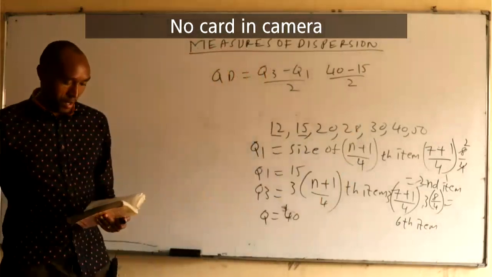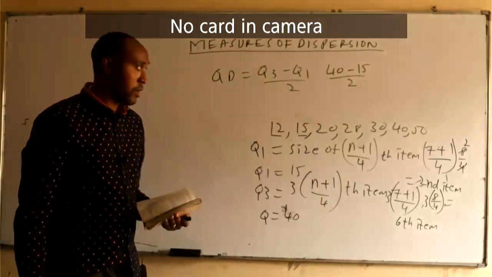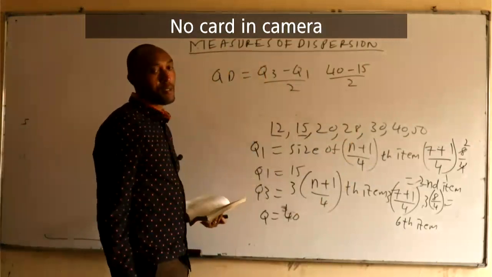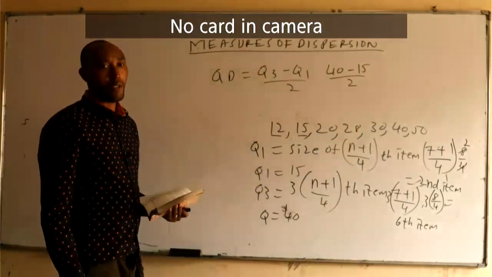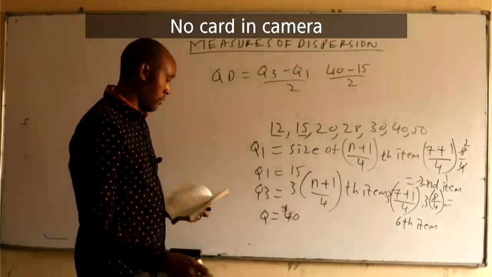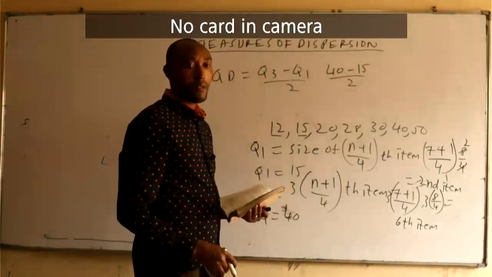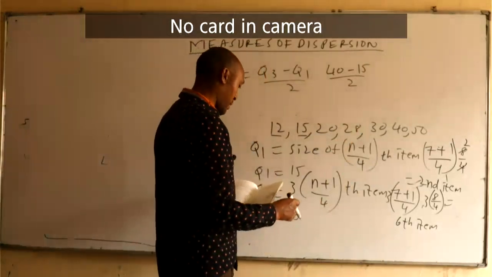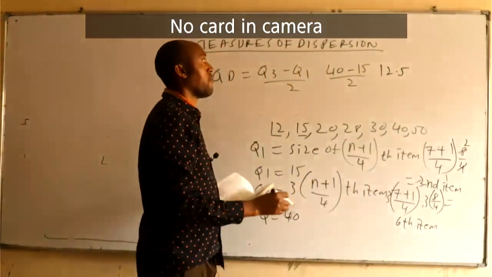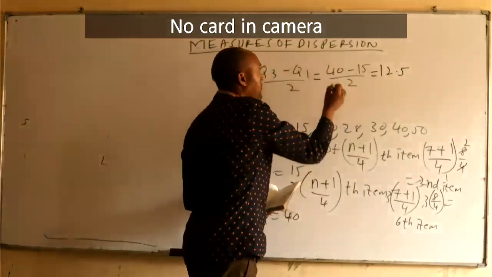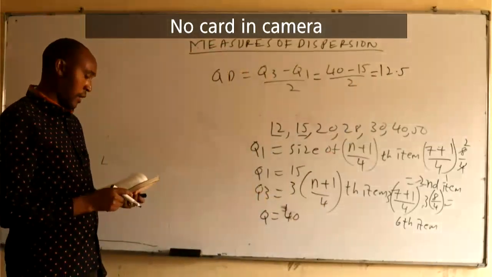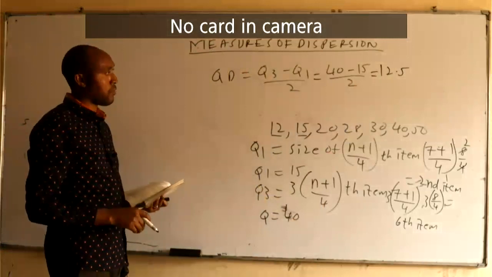Someone do the calculation. So basically 12.5 is our answer. Once we do that calculation, we get the quartile deviation.